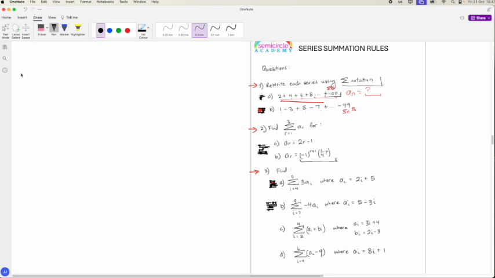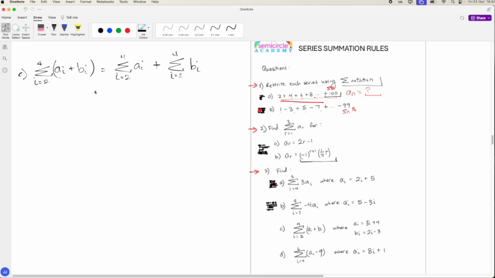We have part C here now, where we have the summation from i is 2 to 4 of a plus b, two sequences here, and we know this rule that it is equal to the summation from i is 2 to 4 of a plus the summation of i is 2 to 4 of b.